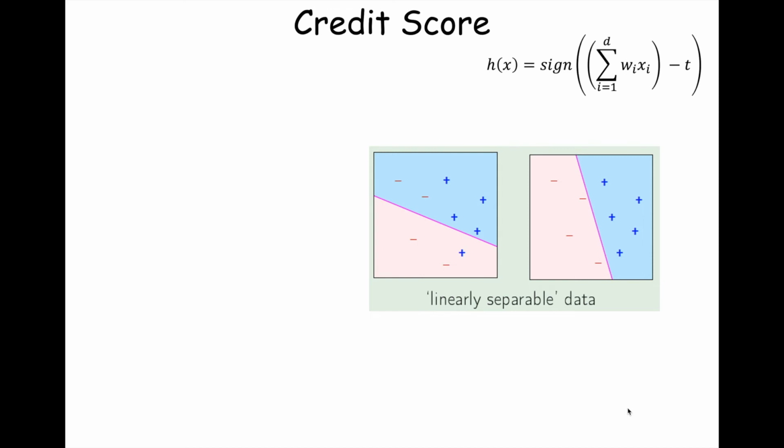If we change w, say, to all twos, that's a different hypothesis. So each h of x is different depending on that setting of w. In the same way, each line was different when we talked about a line in the plane based on a unique selection of m and b, the slope and the y-intercept. So it's the same thing, only in more than two dimensions. Does that make sense? Any questions?